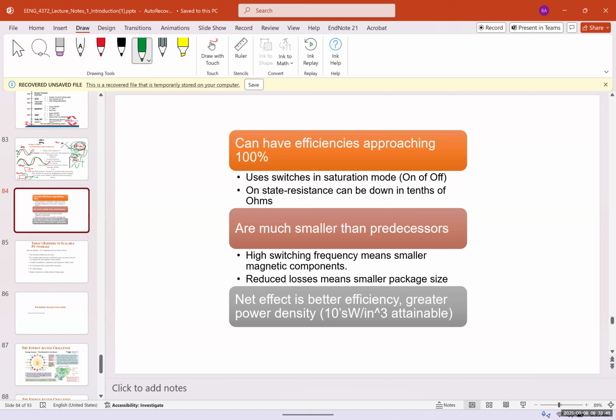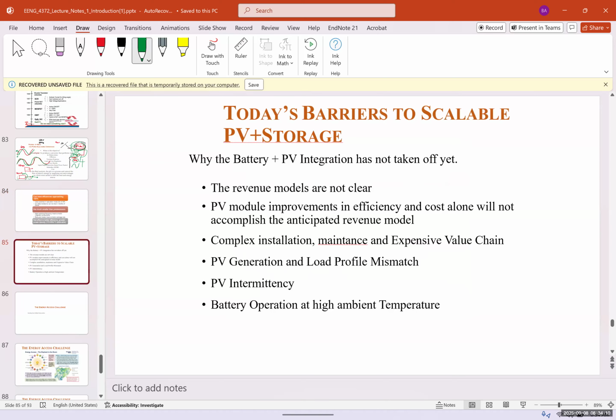They have higher switching frequency, which means smaller magnetic components and reduced losses. When you have reduced losses, you generate less heat, and therefore you have smaller packaging as well.